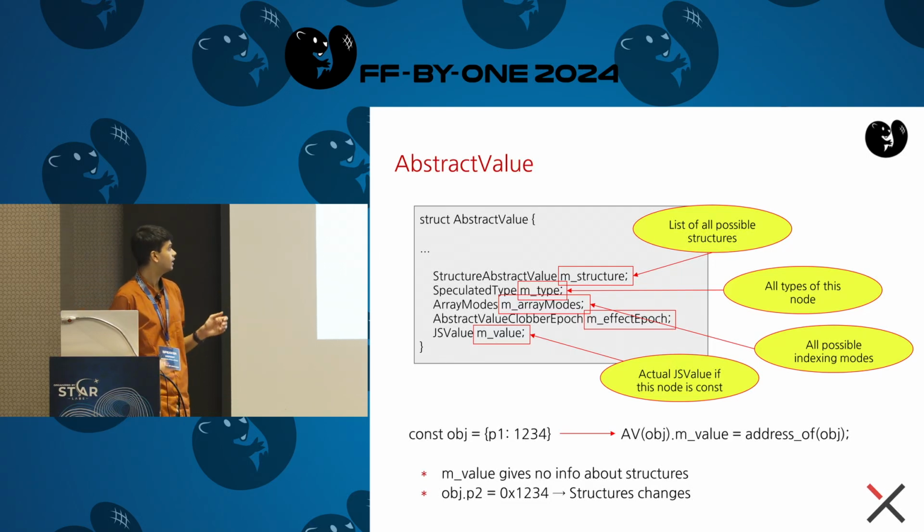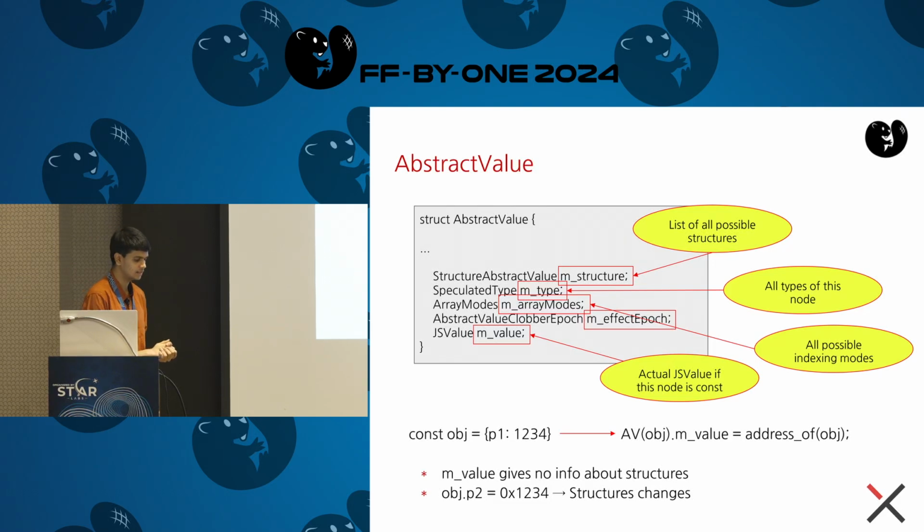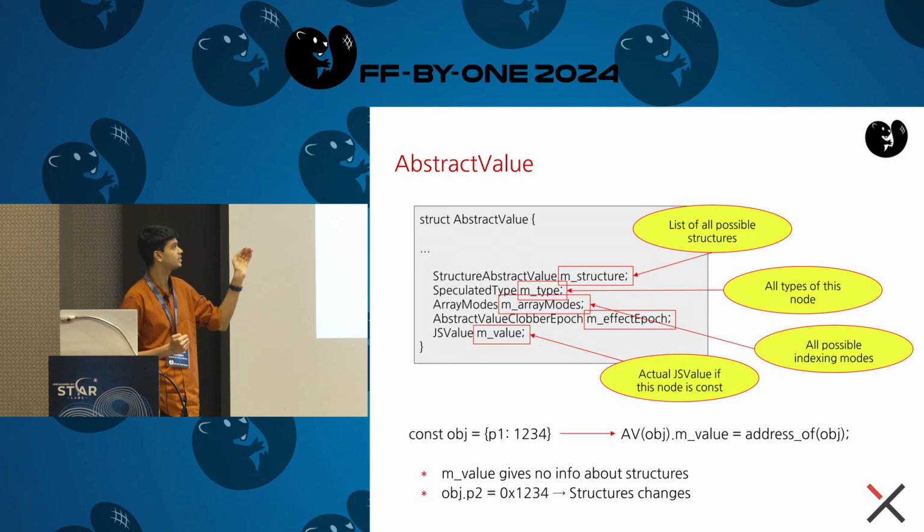Now let's look at how abstract values are actually represented in memory. If you look at the source code for JavaScript Core, everything is in C++. This is the structure that actually defines the abstract value.